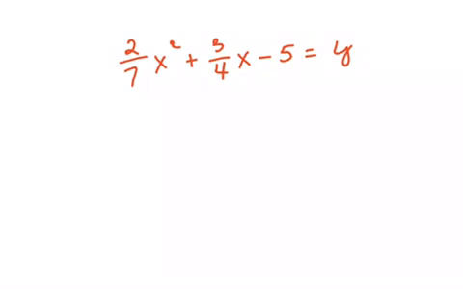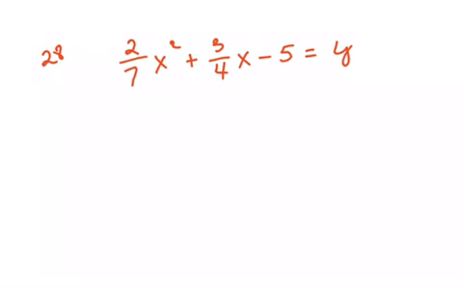Let me show you one more with just another fraction. How about if we say 2/7 x squared plus 3/4 x minus 5 equals y. All right. Well, my common denominator is going to be 28. See that? All right, let's try it then.